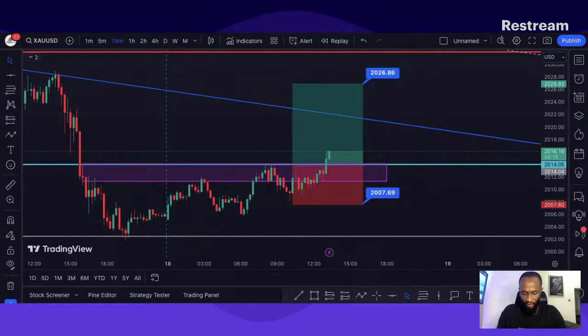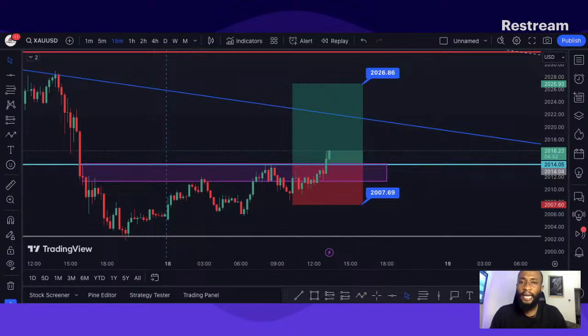5K times 1%, 1% is $50. So you can risk only $50 in each trade you are entering. I believe that you know how to calculate your lot size.